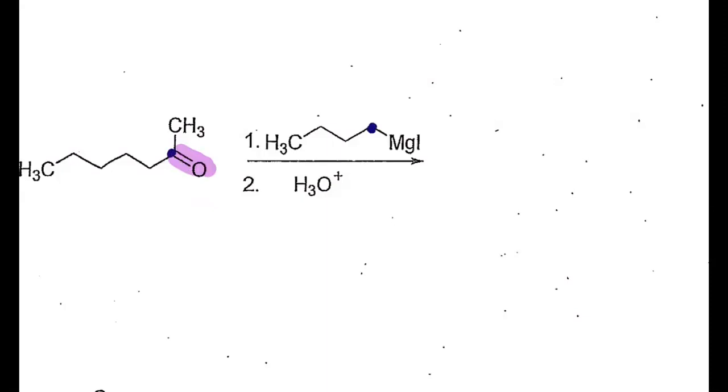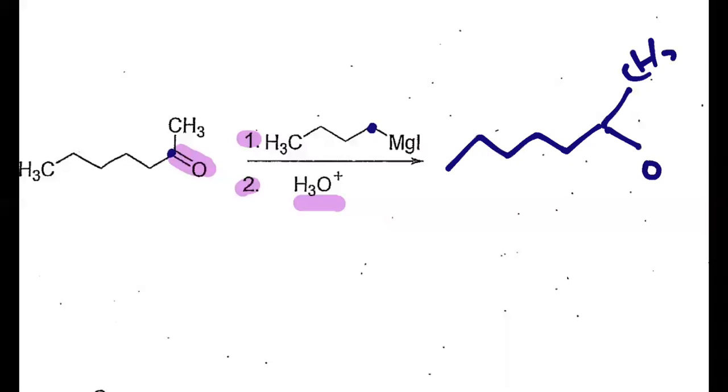All right, so I want to get to the intermediate. I want to show the intermediate, and then we'll show the product. And notice it's in 2 steps. So first I'm going to add the Grignard, and then in the second step, I'm going to add H3O. I'm going to change the color on the part I added in.